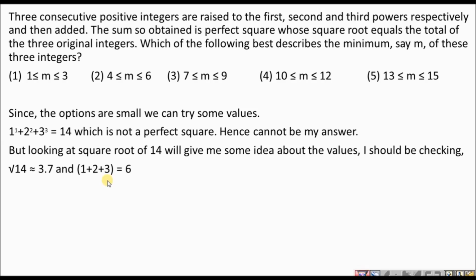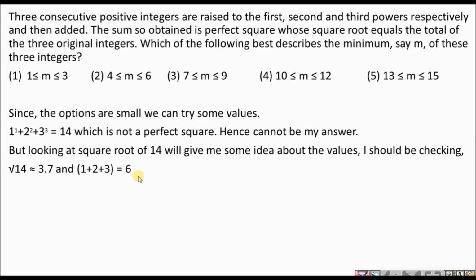Now I will be applying a cube on 4, and 4 cube will increase quite rapidly, and thus the square root will also increase quite rapidly. But the sum of the numbers need not increase so rapidly. So it tells me that as I increase the value, the square root should increase, and at some point it will become equal to the sum.